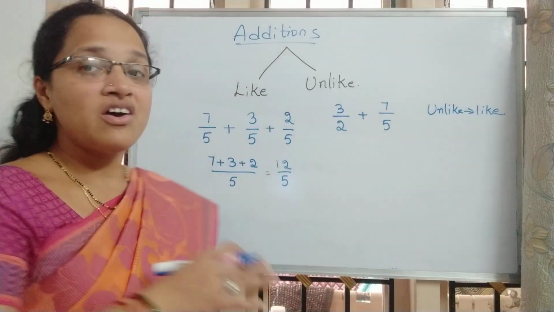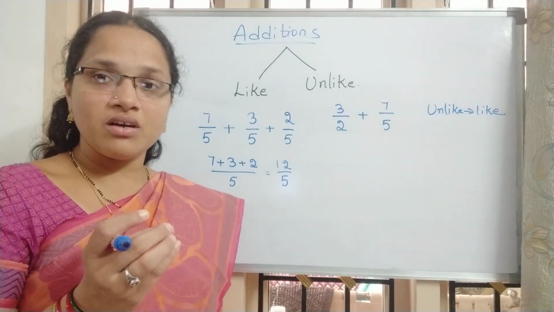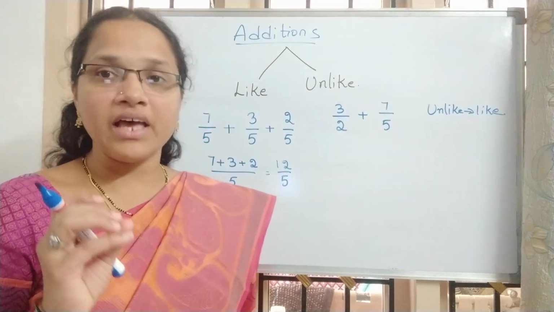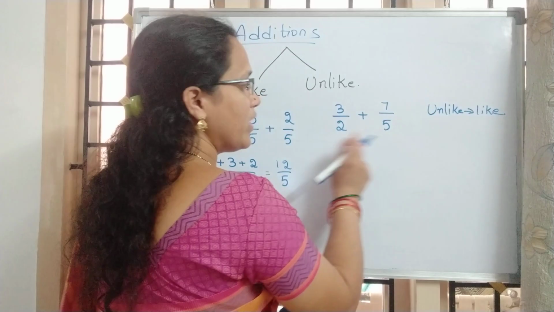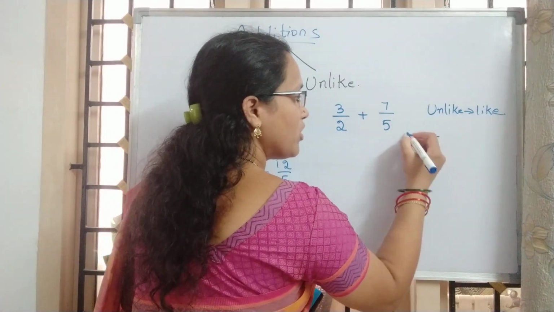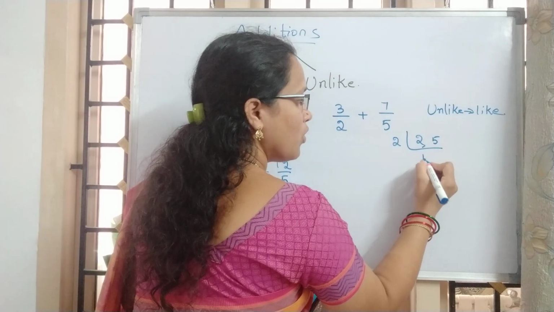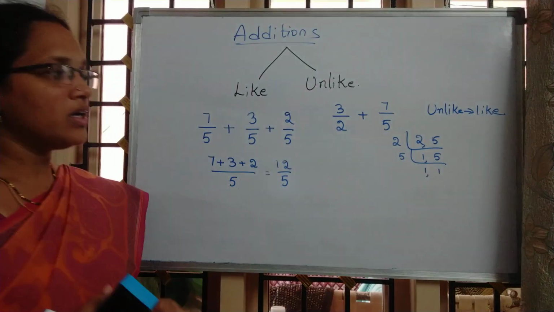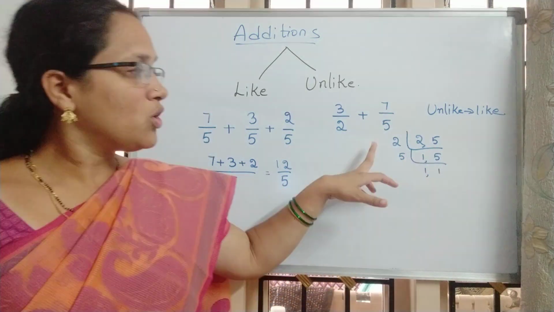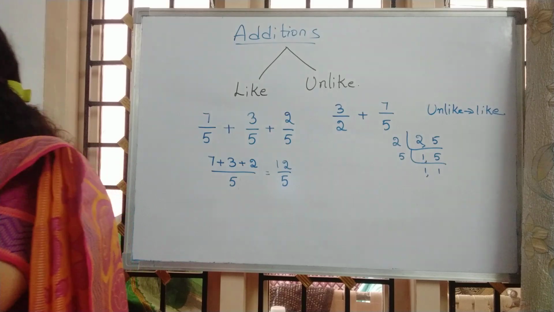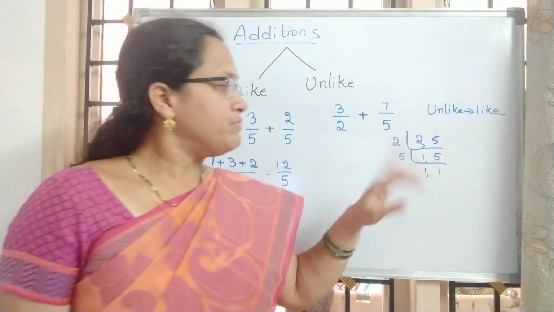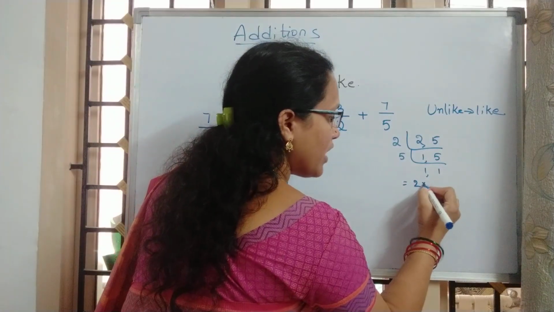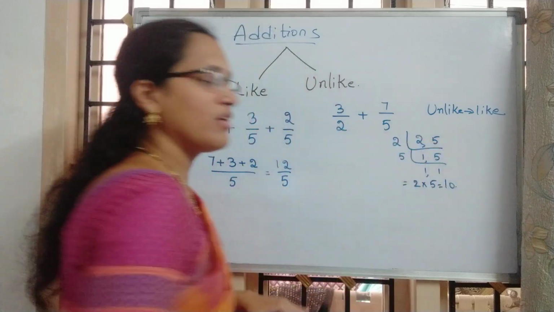Okay, so let us see first how to bring both the denominators to an equal number. The first thing is we have to take the LCM of both the denominators, children, like 2 and 5. So 2 one time, 5 one time and 1. So the LCM of 2 and 5 is nothing but 2 times 5, which is 10.